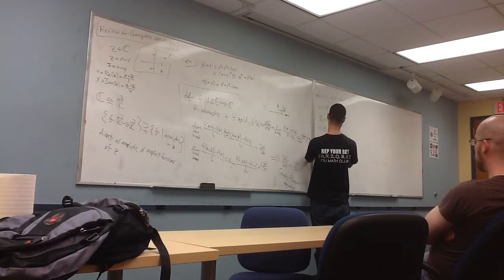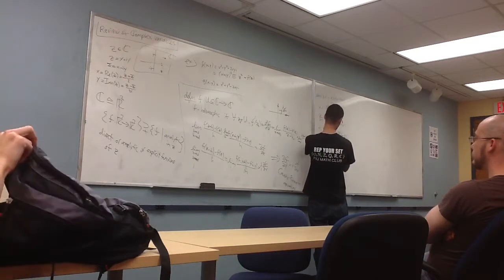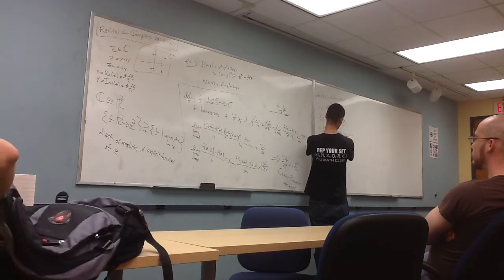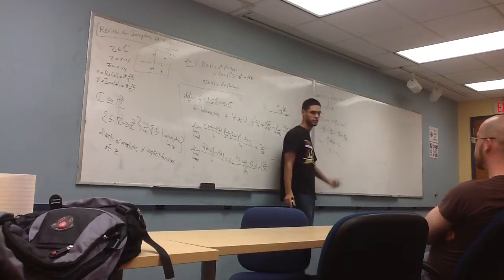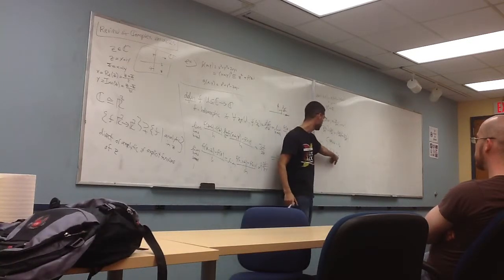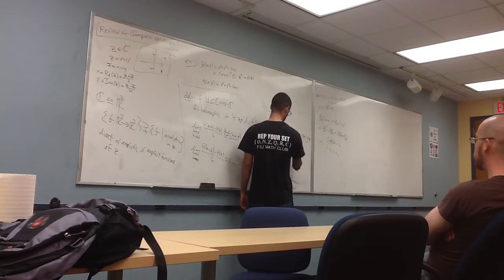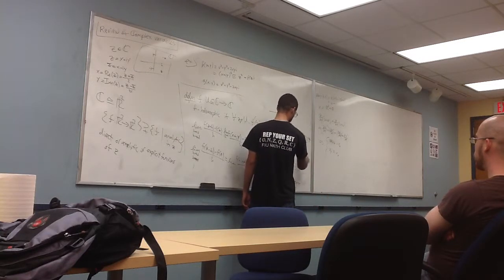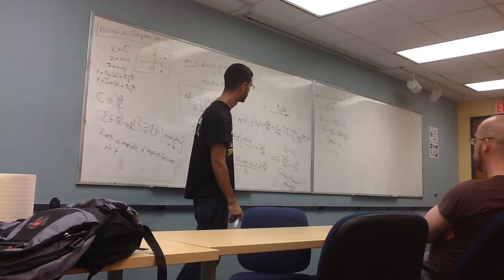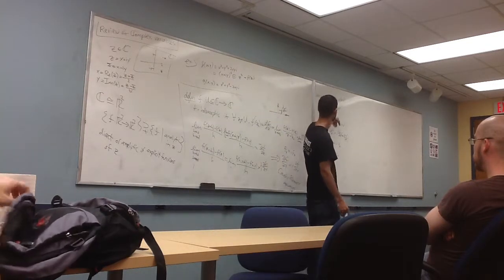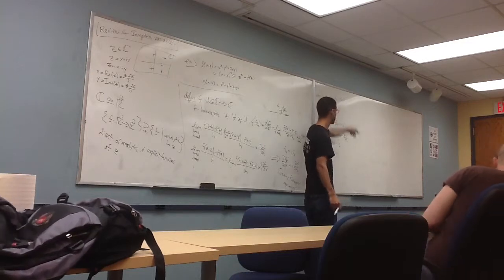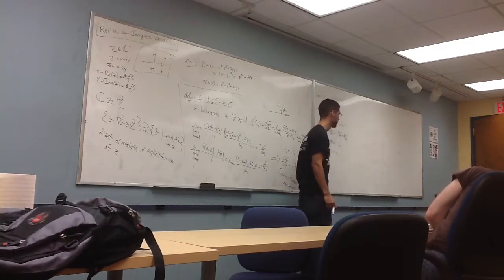We have u_y is equal to negative v_x, and we have v_y is equal to u_x. You guys know this notation, right? This just means the partial of u with respect to x, and so on. Similarly, f_y is i f_x. And so if you identify the function with its image in the complex plane, you get the Cauchy-Riemann equations.